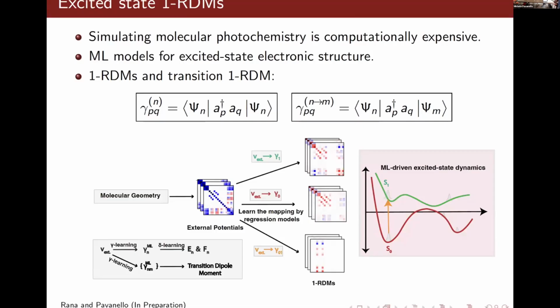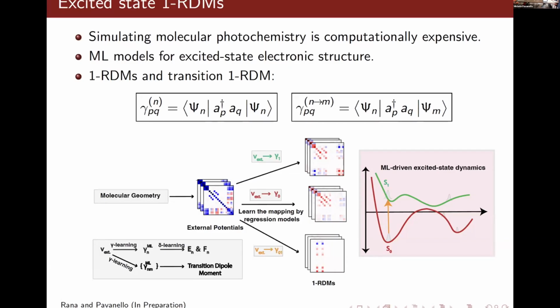The only thing that is different here is that for a two-level system, along with this map, you also have to learn the map between the external potential and the gamma 1, and the external potential and the gamma 0,1. So here you have this gamma learning for building the map between gamma and the transition 1 RDM.